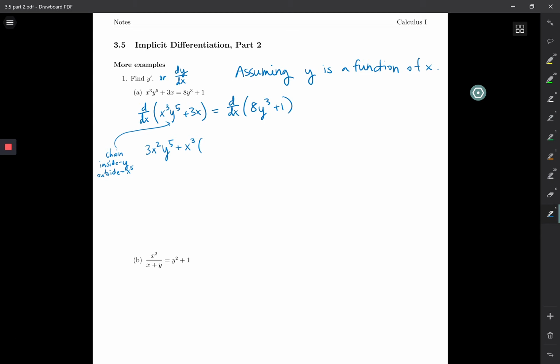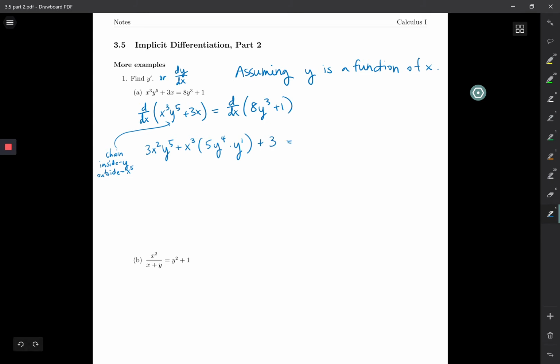It's the function that takes your variable to the power 5, right? So we first use the power rule on this, and that would give us 5y to the fourth, and then we have to multiply that by the derivative of the inside function. Remember, that's just y, so we get y prime, right? Okay, so that is the derivative of just this first piece. Then we have to add the derivative of 3x, which is just 3, right?